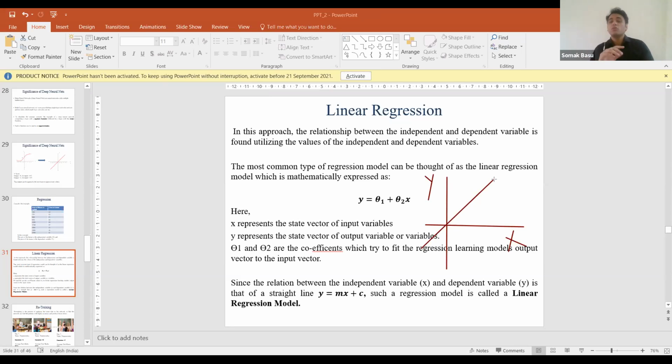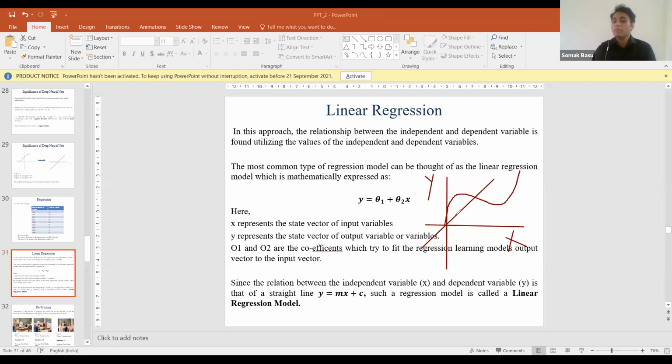In case you create a model in which the relation between x and y is a straight line, then it's called linear regression. It may so happen that the relation is not a straight line. It can be a non-straight line as well. For example, say it is something like this. In that case, this is an example of a non-linear regression model.